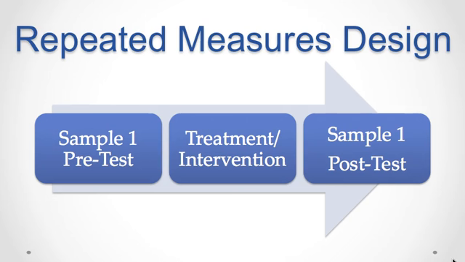Using a within subjects design, we observe participants across many treatments, but not necessarily before and after a treatment. For two samples, let's say we want to study the effects of exercise on memory.